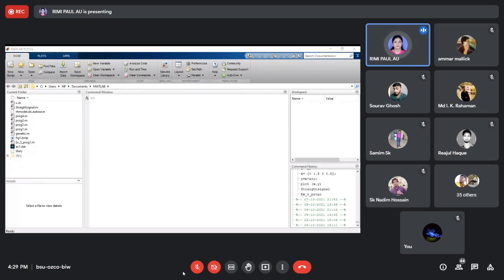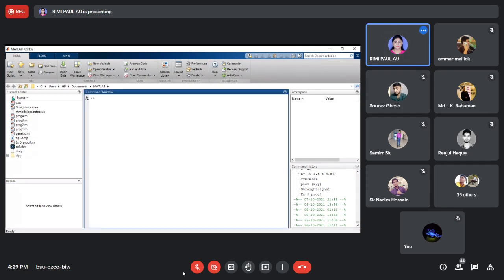So you can see that there are three windows present. One is the command window, another is command history, another is workspace. Whatever program I write here, I will get the output, but I cannot save this program. So here you can see a new script option.